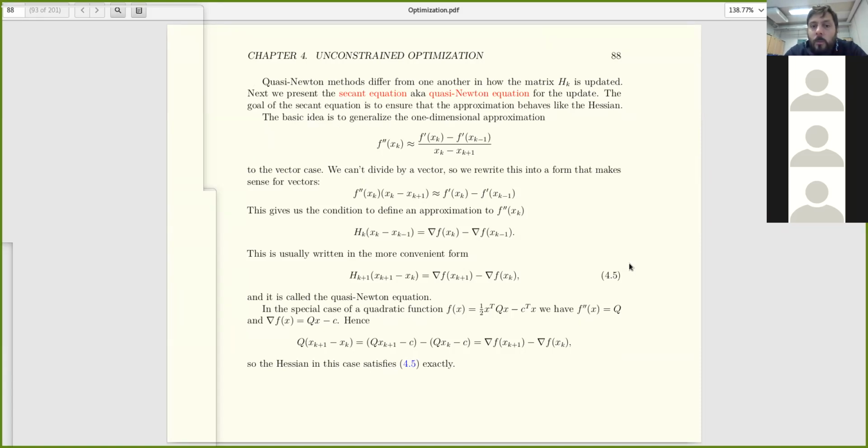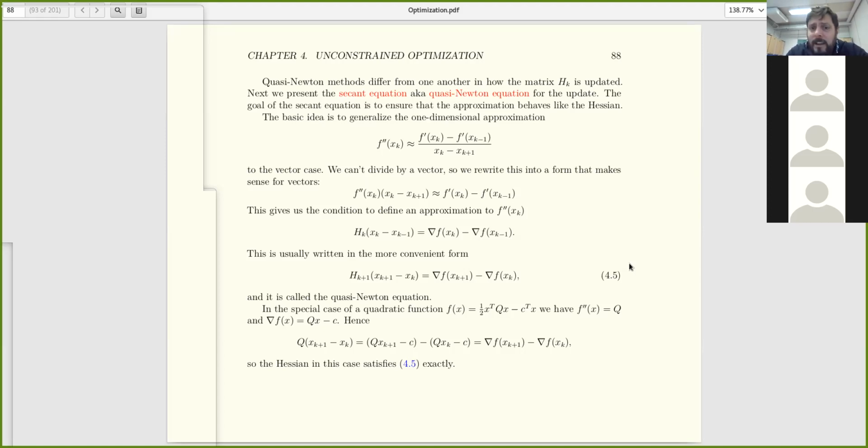So when xk minus xk plus 1 approaches 0, then f prime xk minus f prime xk minus 1, with the spaces between iterations very small, so these changes both go towards 0, approaches the second derivative of the function at this middle point. This is an approximation, and the smaller the steps between xk and xk minus 1 and xk and xk plus 1, the better this approximation is.